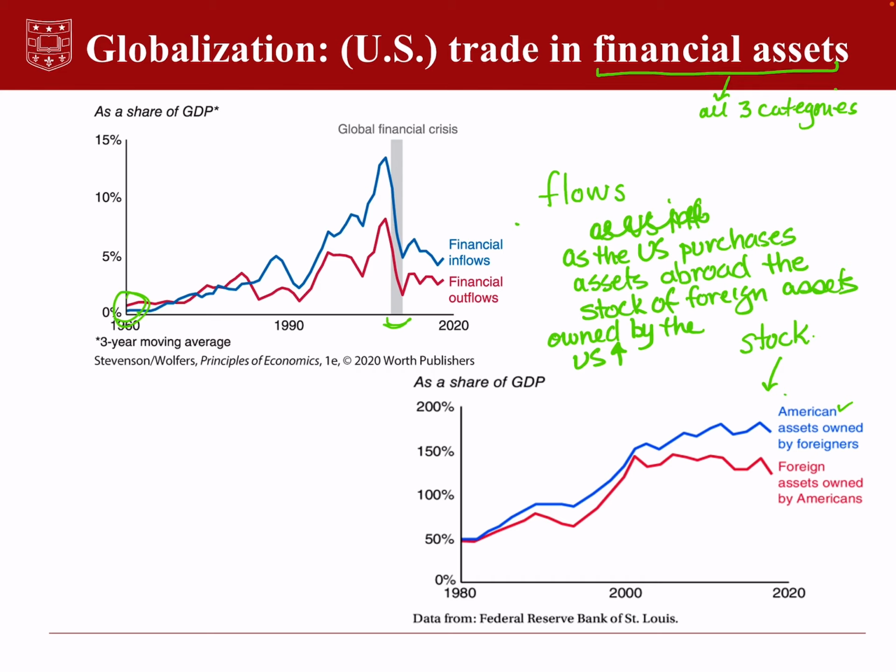And similarly, as the rest of the world purchases financial assets broadly defined from the US, then their holdings, this blue line, is going up. So this represents the accumulation. The stock is the accumulation of the flows. And so the expectation in 2020 is this one is going to be in the neighborhood of 162% of US gross domestic product.